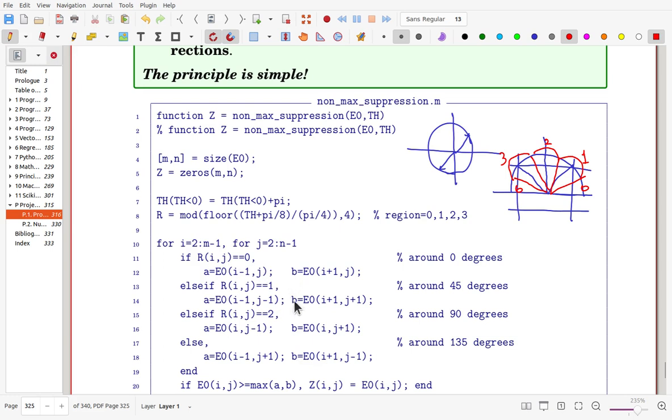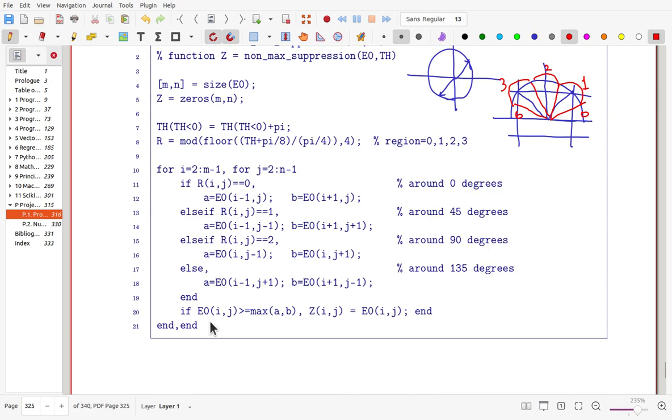If it is a 45 degree angle, we choose along the 45 degree angle, A and B. Once it is 2, in the vertical direction, we choose the 2 adjacent points. Once it is 135 degrees, we choose the 2 adjacent points in that direction. If the current value is larger than the maximum of these 2, which means it is the maximum, then we save it. Otherwise, originally it is 0, so it remains 0, not changed.